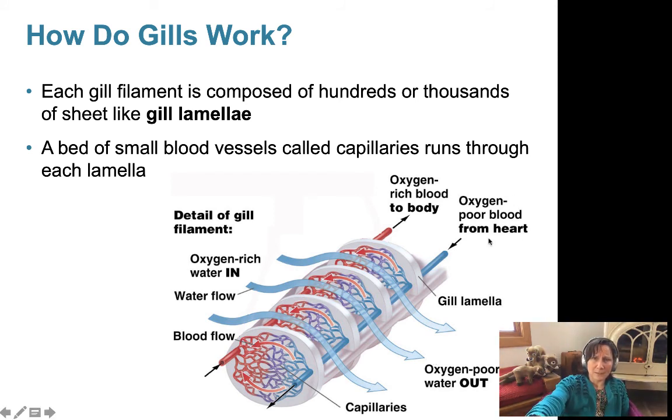Okay. Oxygen poor blood is coming from the heart into these lamellae. Here's the capillary bed. So it flows through this artery, across the lamellae, and then out the vein. Okay.